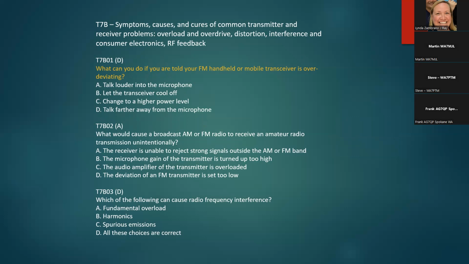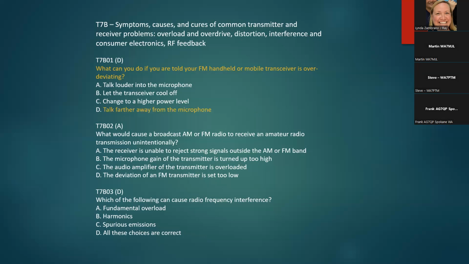So B01, for example, what can you do if you are told that your FM handheld mobile receiver is over deviating? One of the most common problems that new hams have when they're talking on a microphone is they hold the microphone right up to their mouth. And when you speak in a fairly loud voice, that will cause the signal to be overmodulated, or it's called overdeviating.